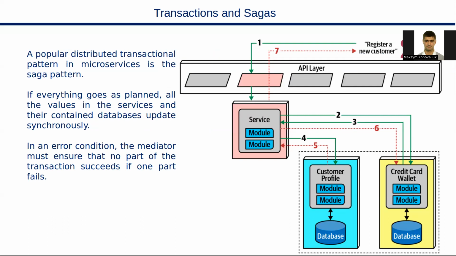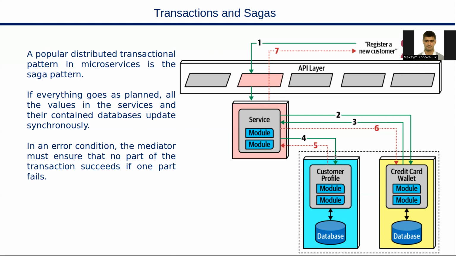A popular distributed transactional pattern in microservices is the Saga pattern. If everything goes as planned, all the values in the services and their container databases update synchronously. If there is an error condition, the mediator must ensure that no part of the transaction succeeds if one part fails. You can see it on the image. For example, a request goes to the credit card service, and we get a response with status 200, everything is okay.